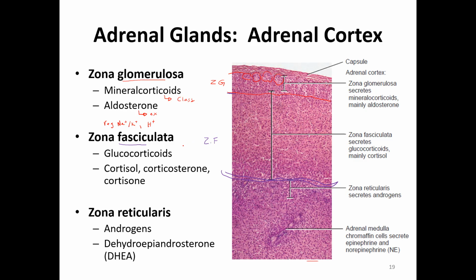The class of hormones that come from this region are called glucocorticoids. So the class that comes from here are glucocorticoids. And you can see that we have a variety of different examples. Cortisol will be the one that I will use. But corticosterone, cortisone would be other examples of hormones that could be classified as a glucocorticoid.